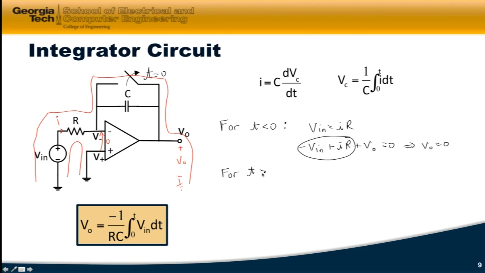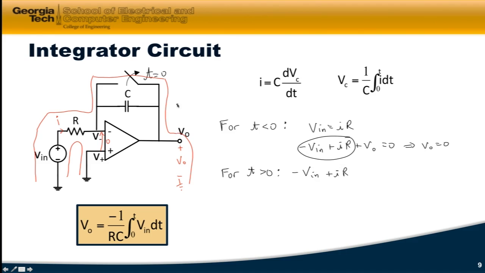Now for t greater than 0, the capacitor is now in the loop. So I can write a KVL going across that capacitor. I'm going to get the same minus Vn plus IR.